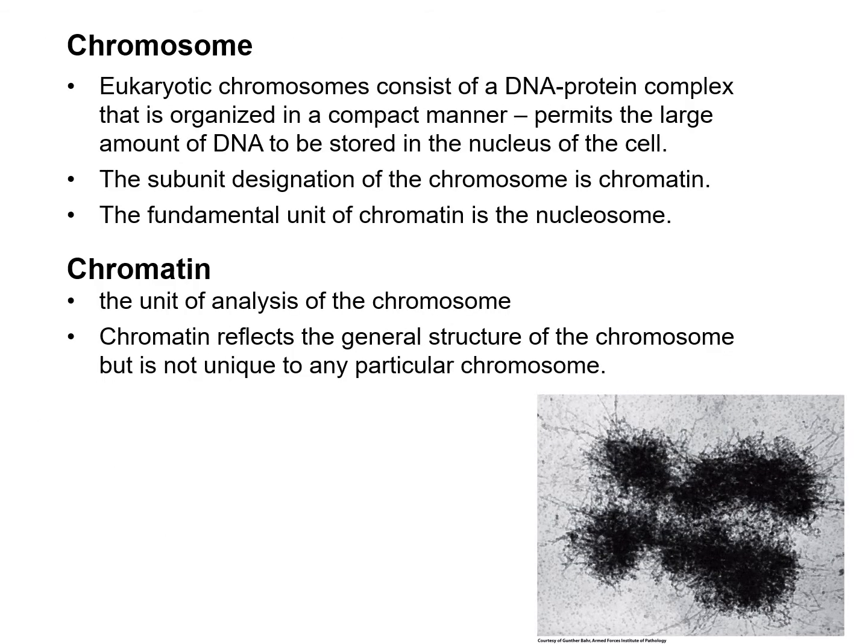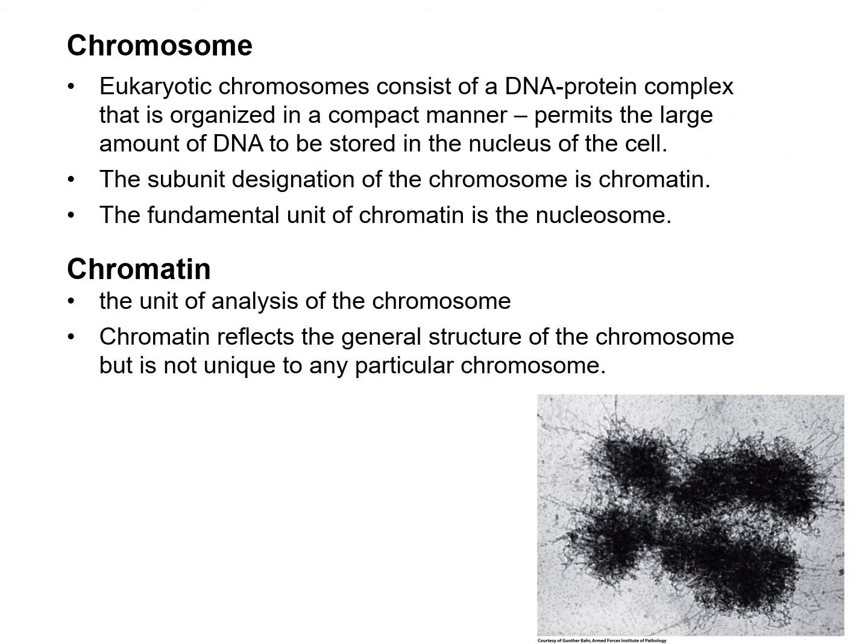Let's talk about the differences between chromosomes and chromatin. Eukaryotic chromosomes consist of a DNA protein complex that is organized in a compact manner, and that permits a large amount of DNA to be stored in the nucleus of the cell, as we discussed in the last slide about packing the DNA.